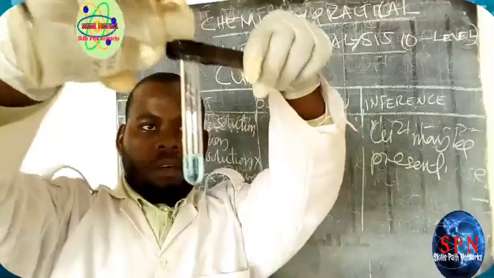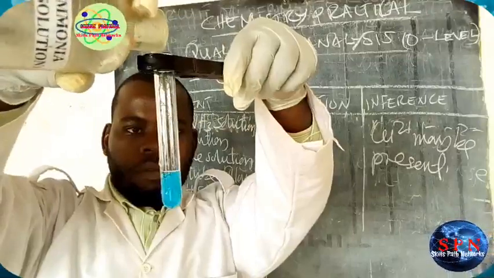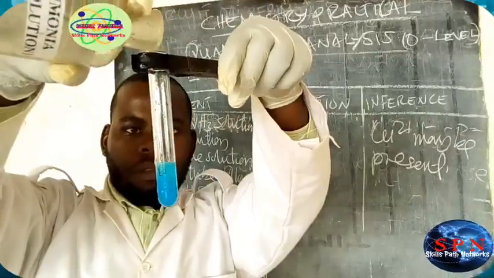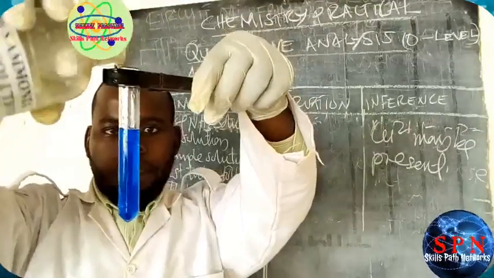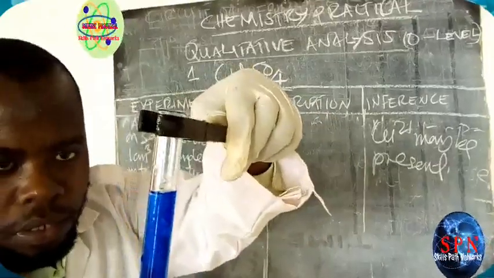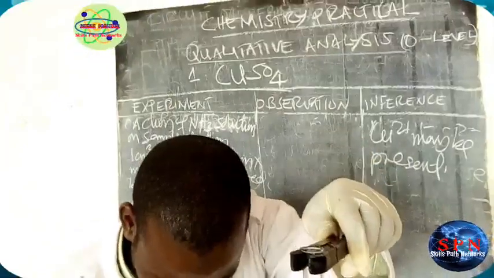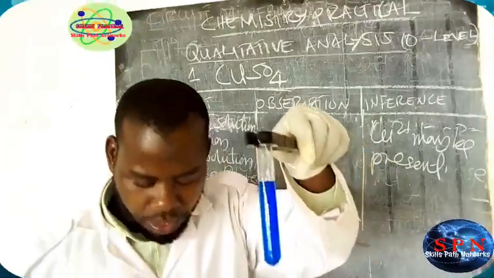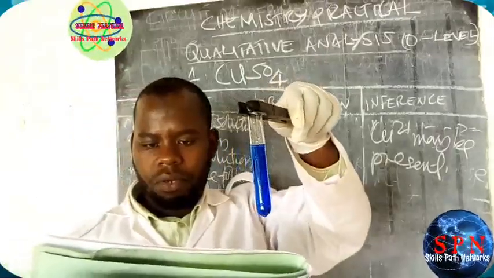Let's see the observation. Until in excess it forms a blue PPT that is soluble, and it forms a deep blue solution.